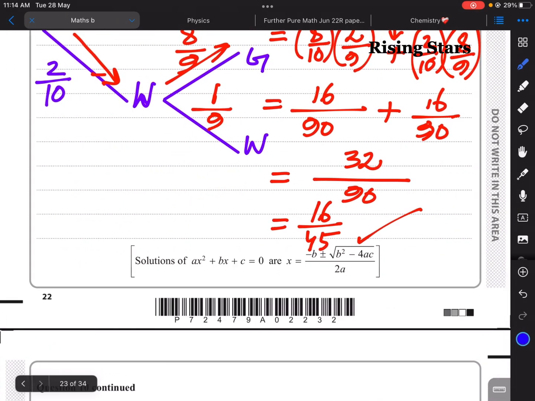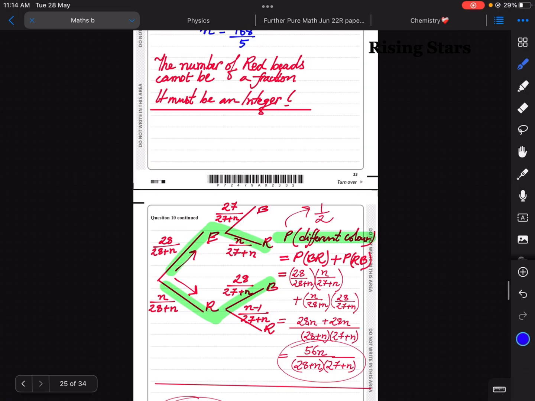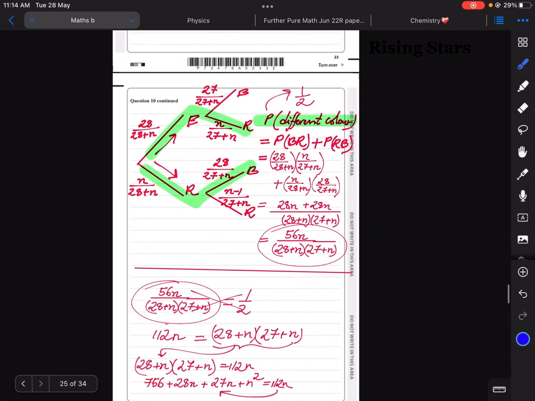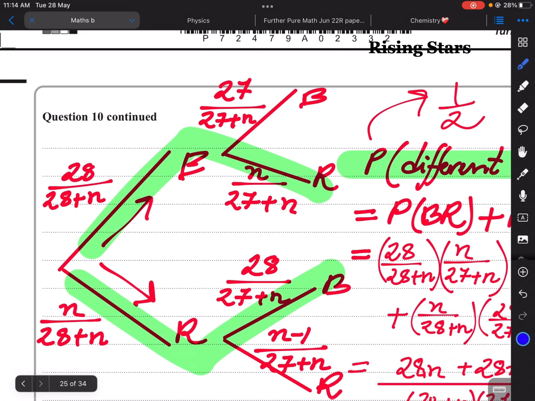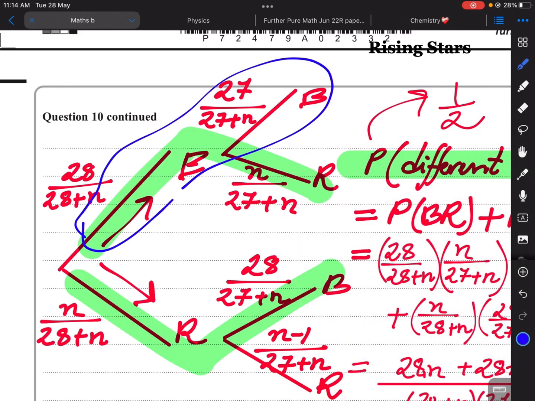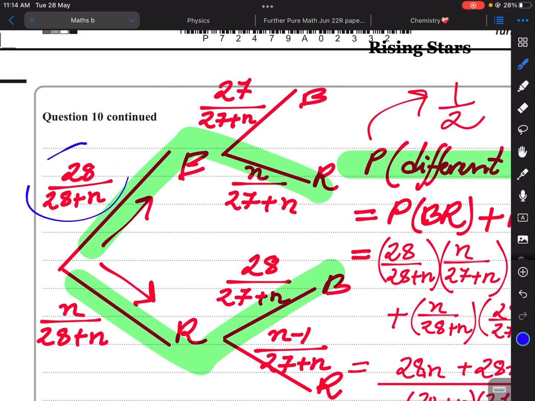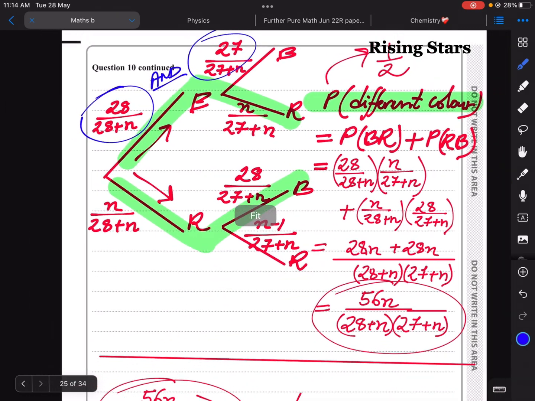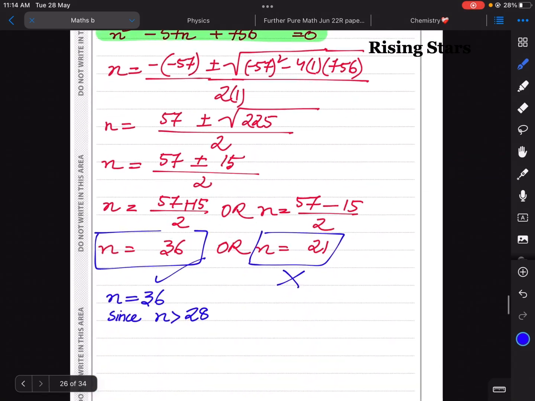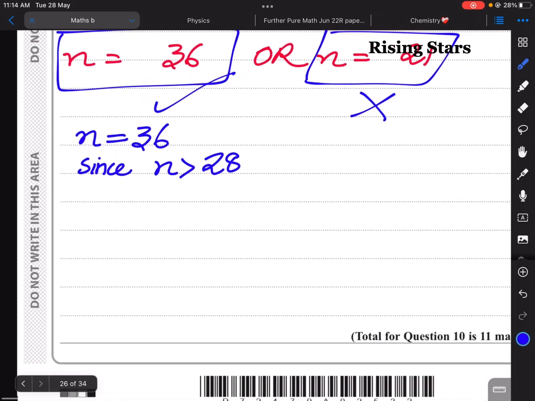So let's get back to our tree diagram and see where blue is. Okay, right, this is where blue is. This branch here is blue. So we have to multiply this with this, because blue and blue. So we have to do some final algebraic workings here.